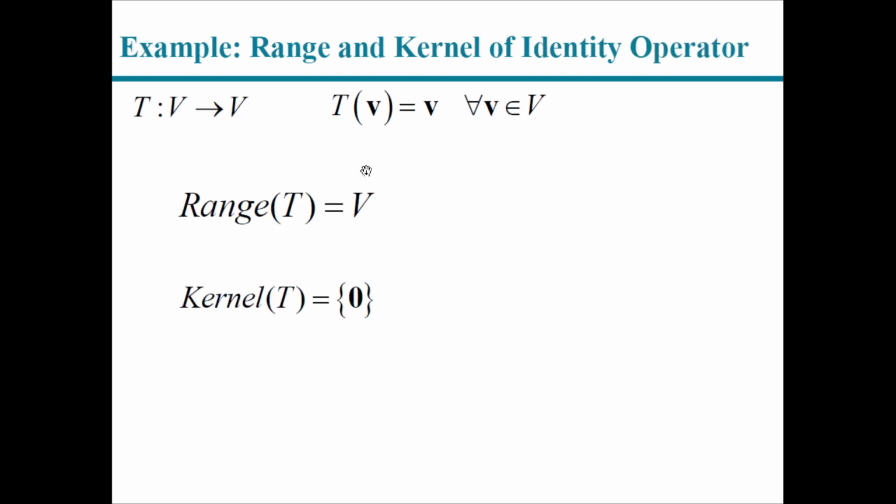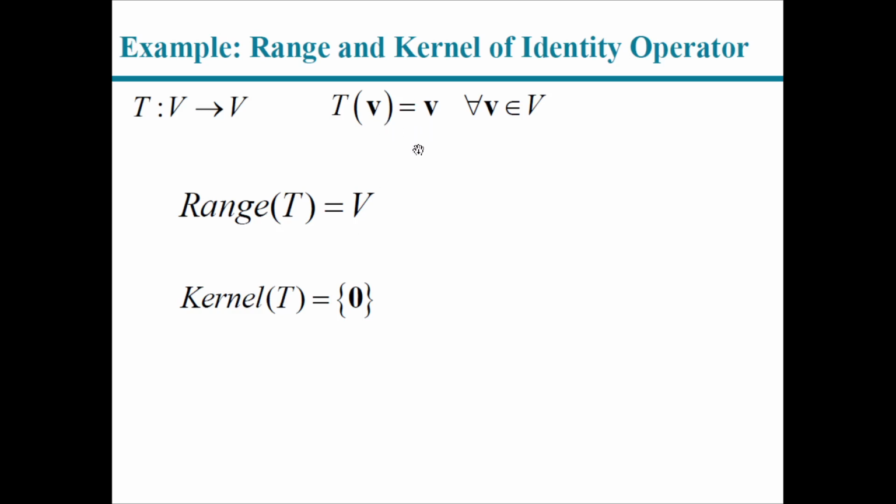If we have the identity, in this case you see we go from V to V, so that's why we call it an operator. It's just a new term. You can still call it a transformation, it's fine. So the identity transforms everybody into itself. So obviously the range is the entire V, because everybody is transformed to itself.